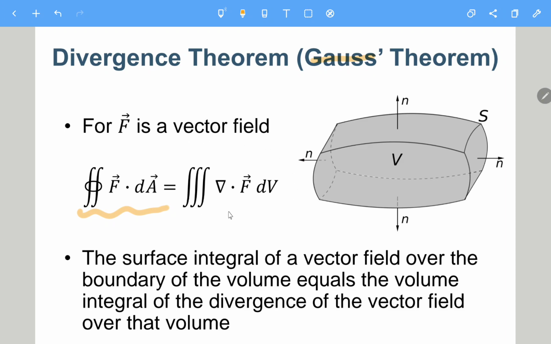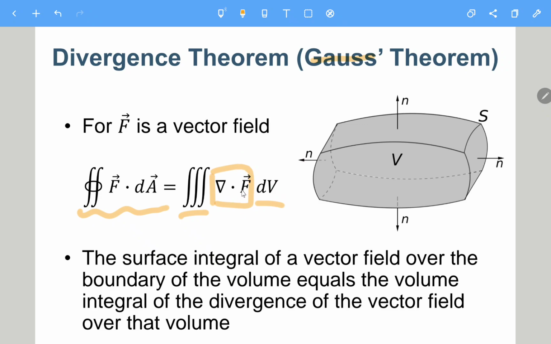On the right side, we also have a triple integral for the dV, but the inside part is not a vector. It is the gradient dotted with this vector field F, or the divergence of a vector field.